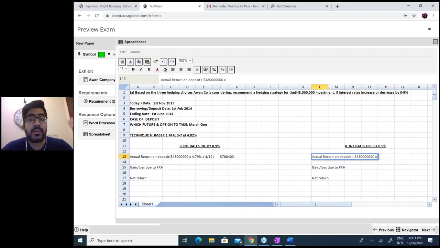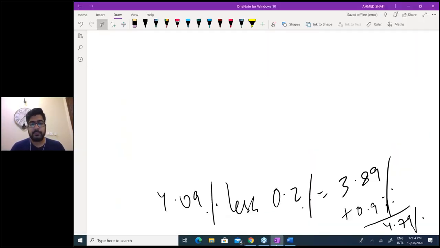But if the interest rate decreased by 0.9%, you can only invest at 2.99%. If they decrease by 0.9%, you can only invest at 2.99%.